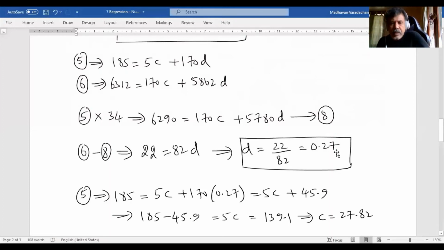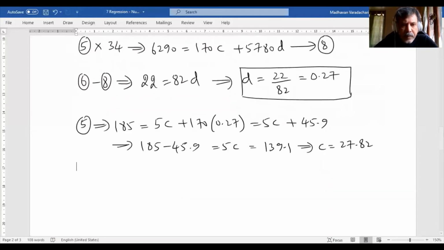Right. So now what will be our regression equation x on y? Hence, regression equation, let me just put a box here.